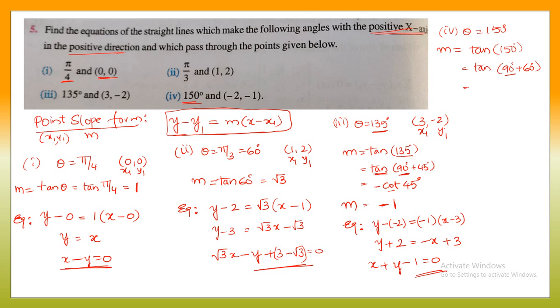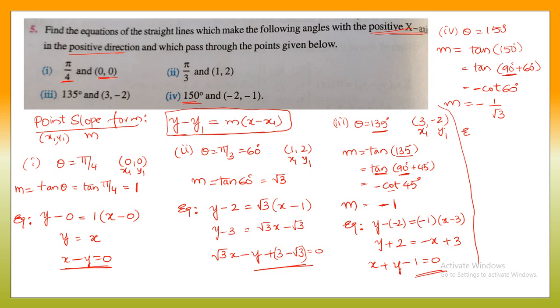Now because of this 90, tan becomes cot, and since it is in the second quadrant, cot is negative. So because of this 90, tan became cot, so this 90 will vanish and we will be left with 60 degrees. So what is the value of minus cot 60? Cot 60 is nothing but equal to tan 30, which gives me minus 1 by root 3. So I got the slope as minus 1 by root 3.